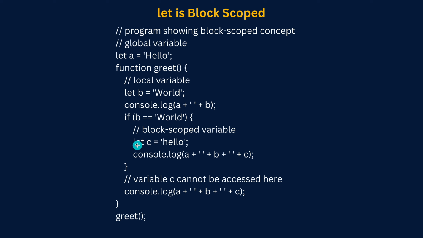So let is always known as a block scoped variable. It doesn't matter whether it is in a function or outside a function. This is in a code block, the if block, right? So that's why c is not accessible here.